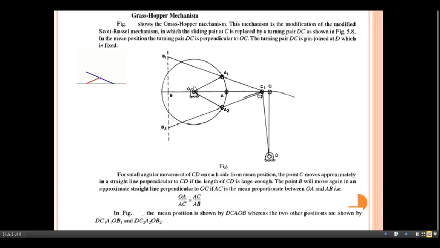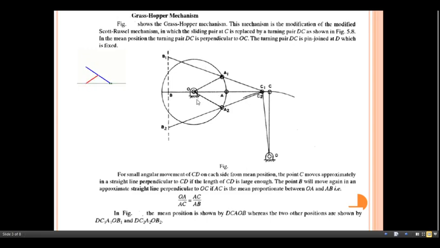Now in the mean position we have D, C, A, O, B, whereas for the two extreme positions, if I consider the displacement on the upper side, then O, C1, D, C1, O, A1, B1. In this way, you can get the displacement towards the upper side.